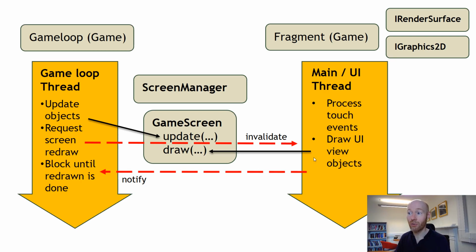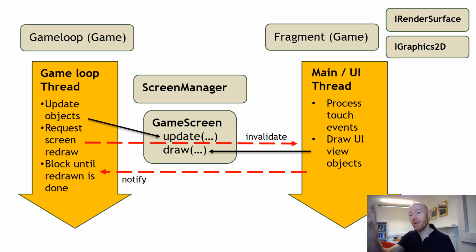But we're executing the draw code on the UI thread, hence we're getting hardware acceleration. Whenever we finish drawing out the current screen, it is then going to send a notification across to the game loop to basically say, hey, I finished doing my bit, you can carry on for the next cycle of updating objects.